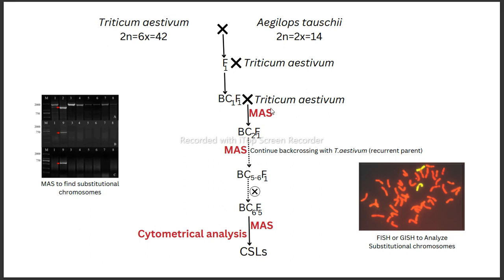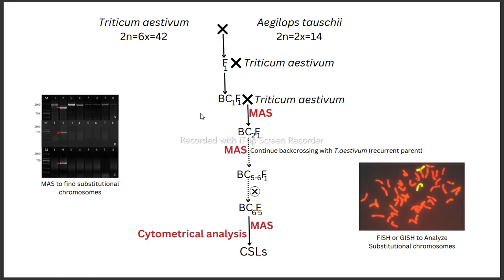And before making the cross, we will select those lines based upon marker-assisted selection. We will perform marker-assisted selection on this germplasm, which will indicate whether these lines have some chromosomes from Aegilops tauschii, which was the donor parent, or not. So this will indicate that we have some chromosome substituted in our backcross 1 population.